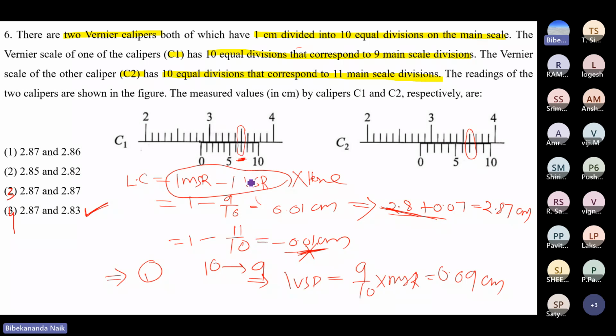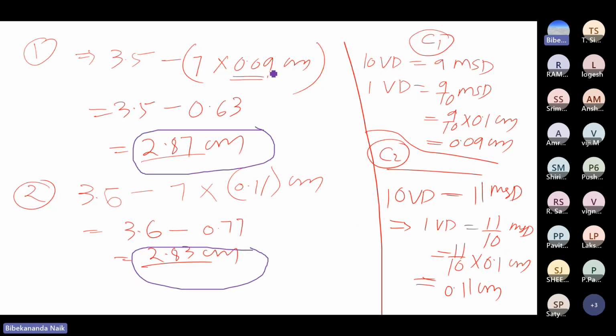Since the divisions are different, the vernier scale division in both cases is different. For the first case, one vernier scale division was 0.09 centimeter, but for the second vernier scale it was 0.11 centimeter. So we multiplied 0.09 in the first case, and 0.11 in the second case. So these are the two answers.